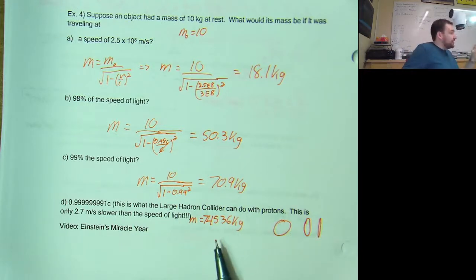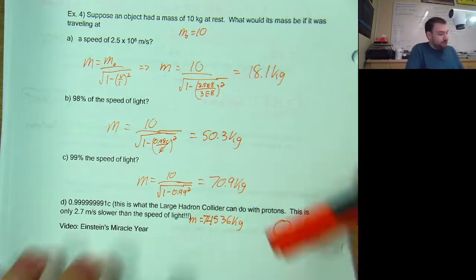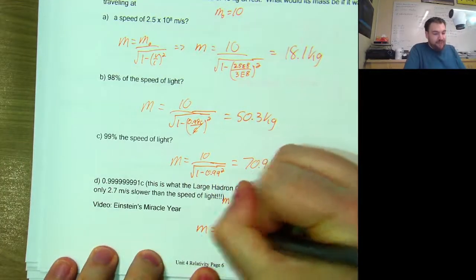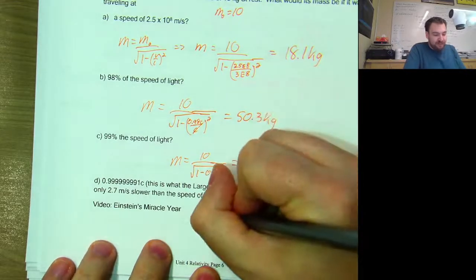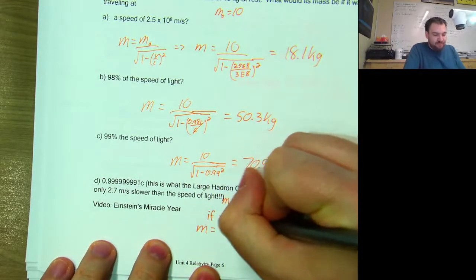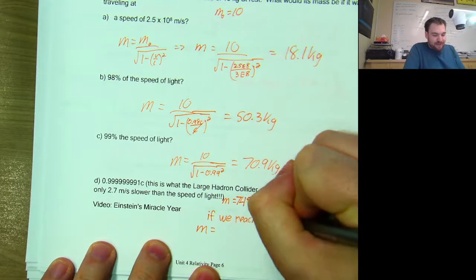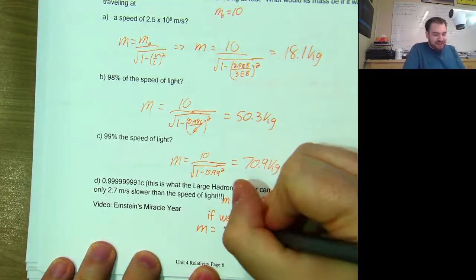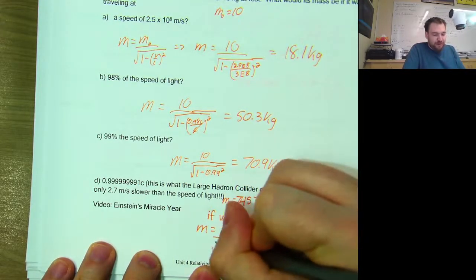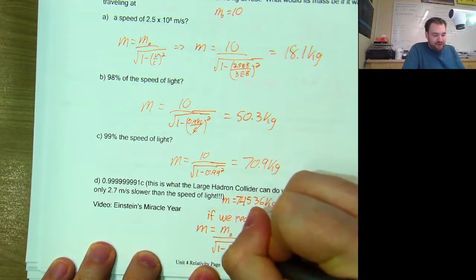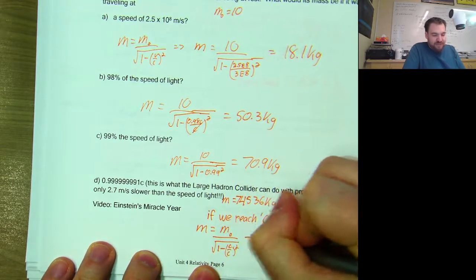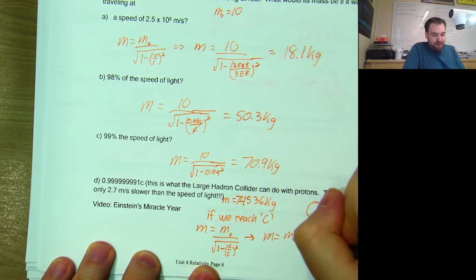And its mass is increasing. So it's becoming... do I do it on the next page? I don't. Let's do it right here. What happens if we reach c? If we reach c, m is going to equal m0 over the square root of 1 minus (c over c) all squared, which means m is going to equal m0 over 0.